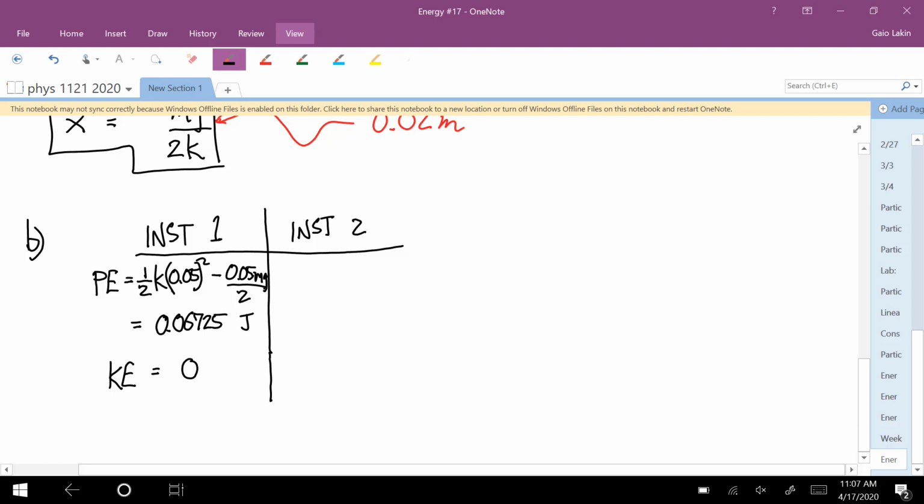At instant 2, we're now at some arbitrary length x. So the potential energy, if you plug in all those values, is 125 x squared minus 4.905 x.